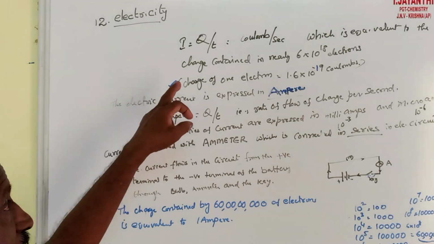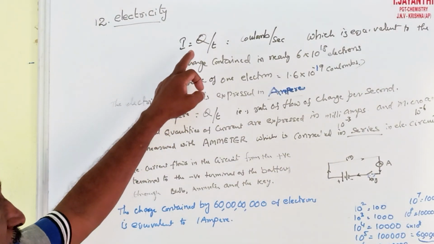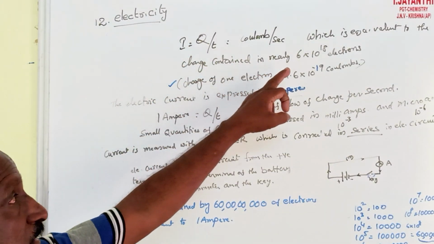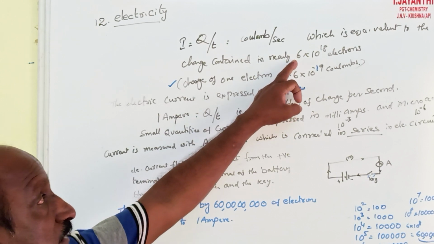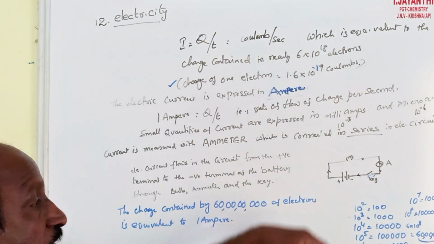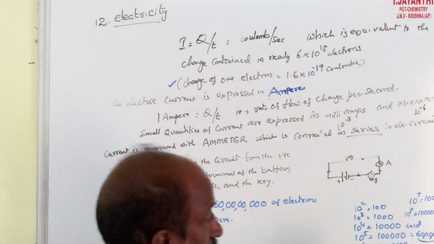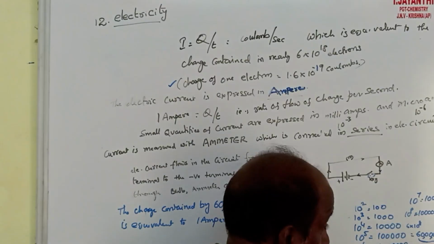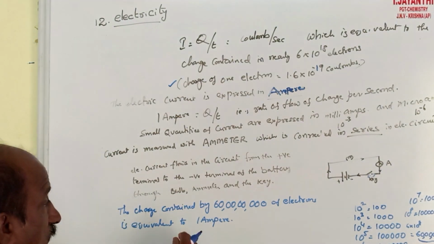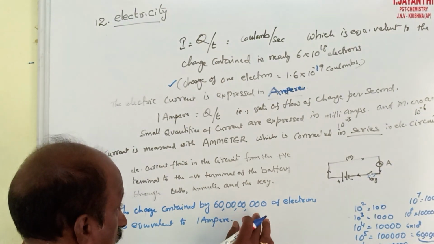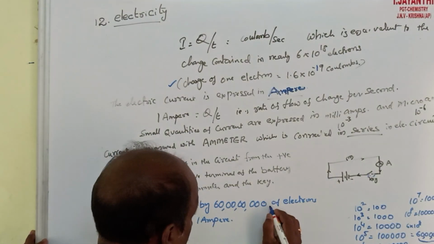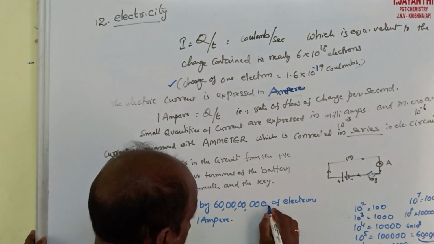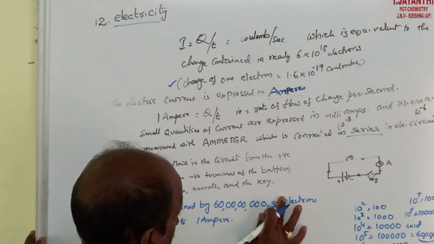So 1 ampere is derived as the charge contained in 6 into 10 to the power of 18 electrons. My goodness, this is not this one, this is only 8. Of course, 18 means this into 10 power of 10.